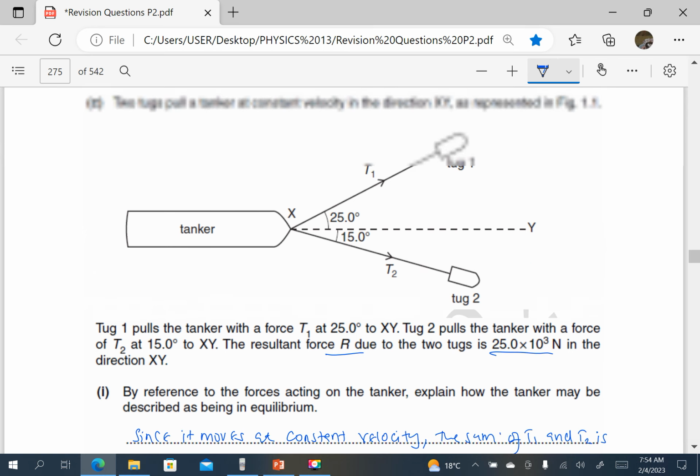So the sum of the two forces, T1 and T2, should therefore be equal to the frictional force, but in opposite directions, if the tanker is in equilibrium.